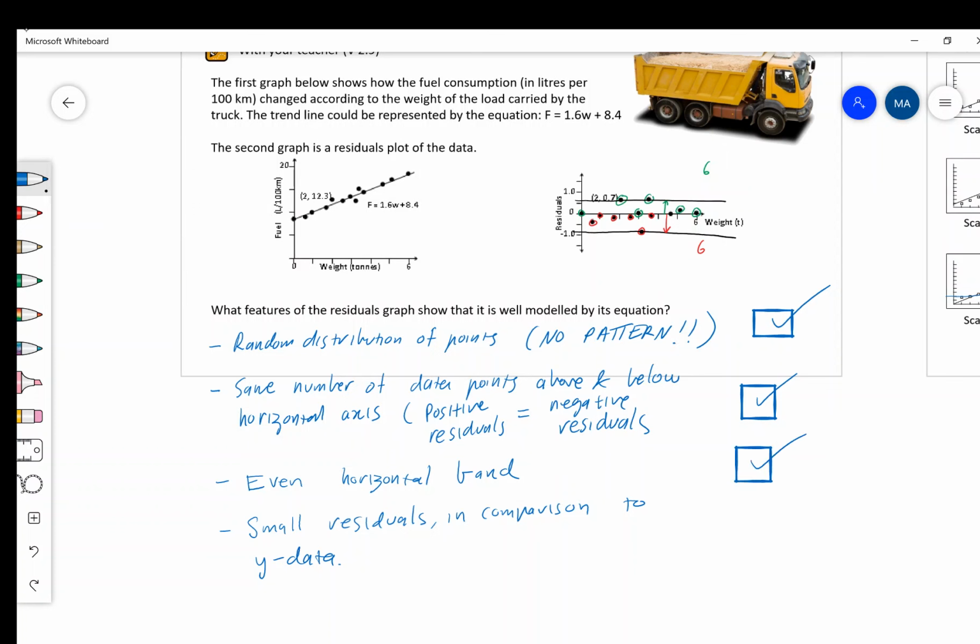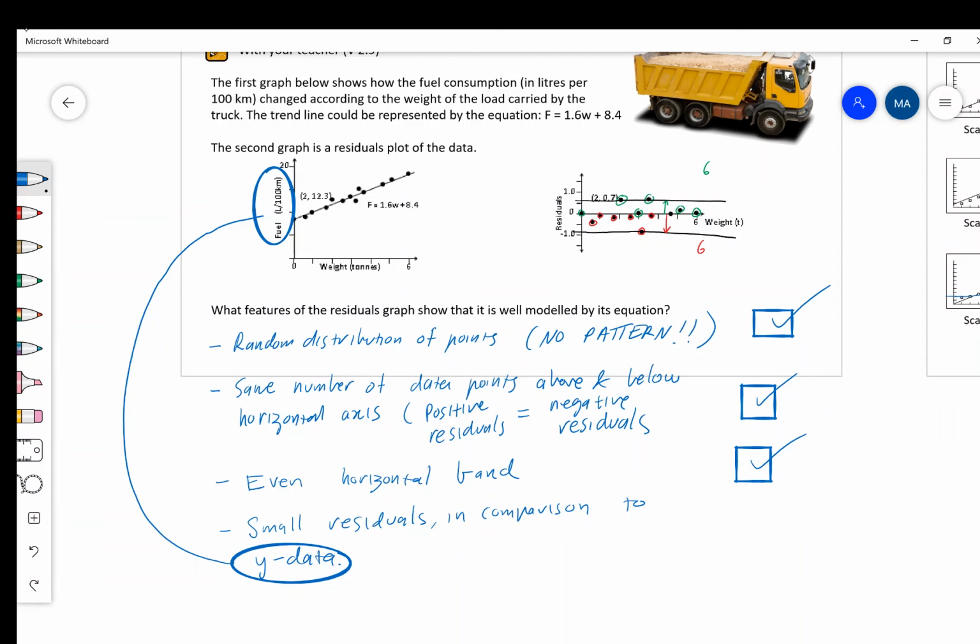Okay, the last thing we're looking for is small residuals in comparison to the Y data. In this case, the Y data is the data on this axis here, the fuel in litres per 100 kilometres. Now this is the trickiest to judge, and I'll just give you a little bit of an idea of how we could do it in this situation.